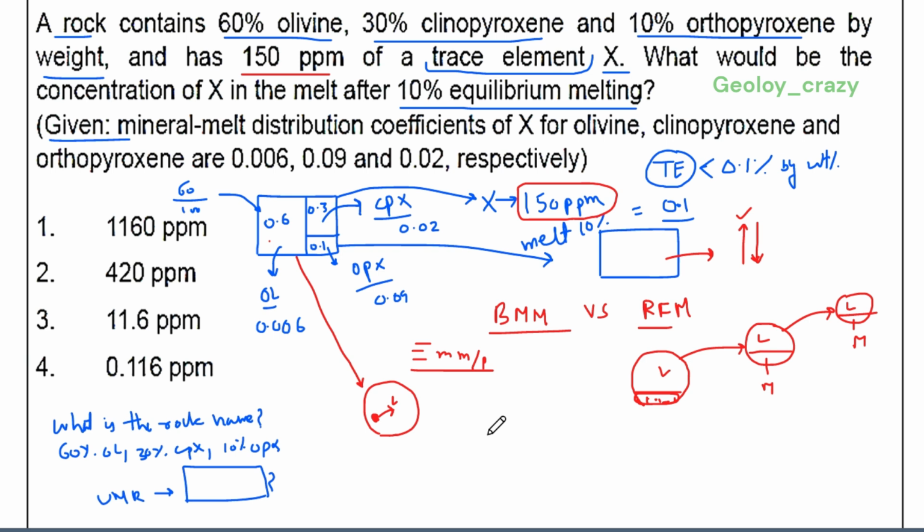The batch melting model is used in the equilibrium process. The melt is created from the rock, and after the melt is created, the minerals that are growing in it react with the liquid, and that equilibrium is maintained until the rock is fully crystallized.